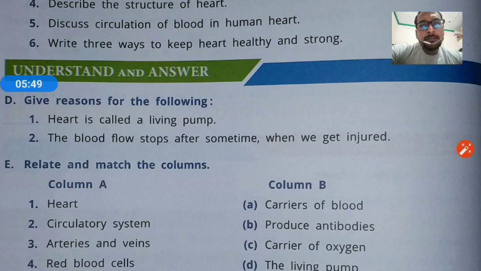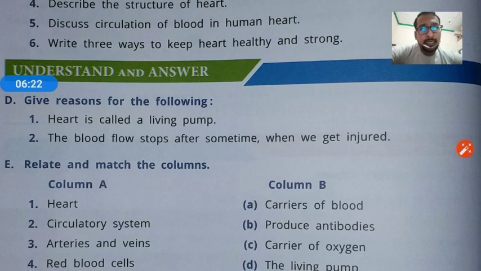Number 2, the blood flow stops after some time when we get injured. When you get an injury, what happens? The blood comes out. There is a natural thing in your blood called platelets.